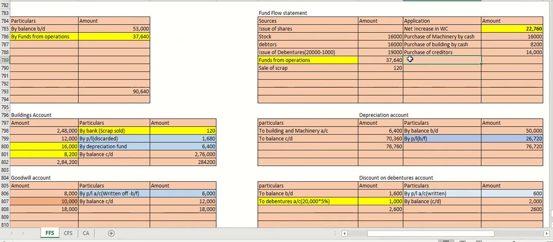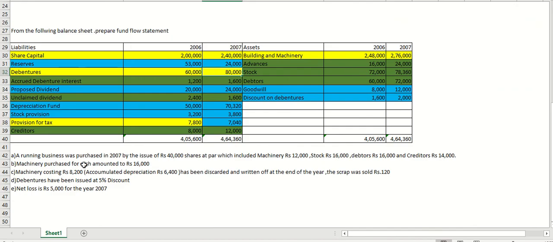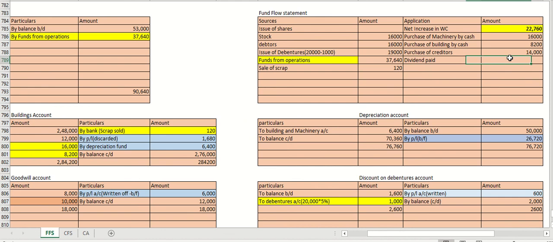Next, your dividend paid. Your dividend paid, in the adjustment we don't have the dividend paid, but in the balance sheet we have the proposed dividend, which is 20,000, which we assume that is paid in the current year.